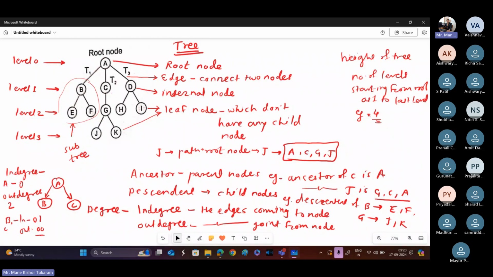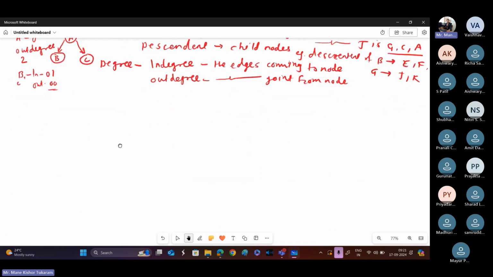Whenever I want to deal with the tree, I have to consider this many terminologies, and then we can move forward with the different concepts present inside the tree. So let's see one by one, moving forward.